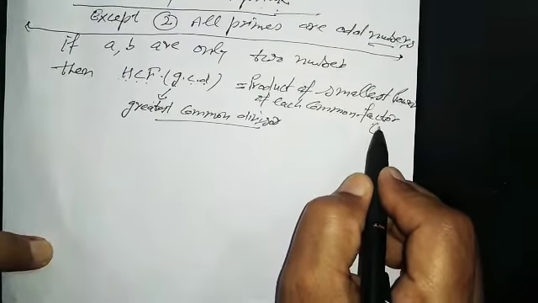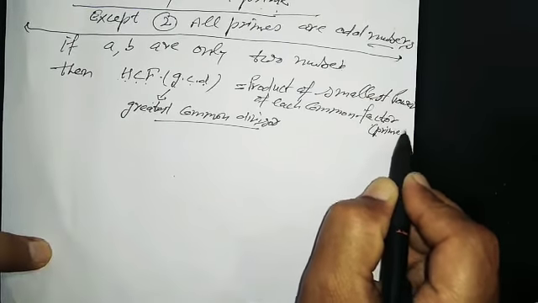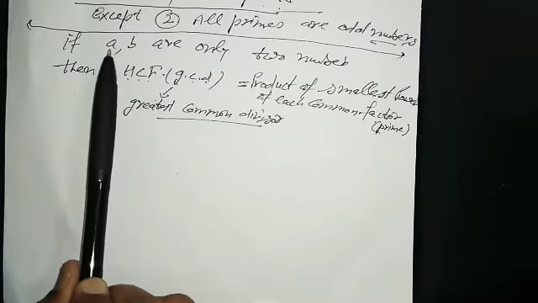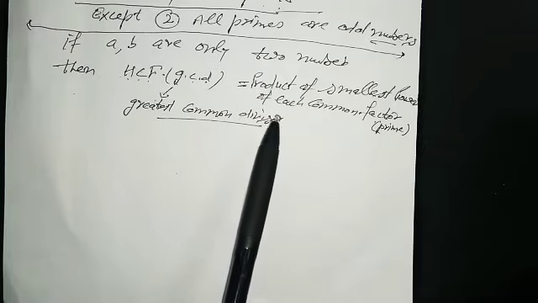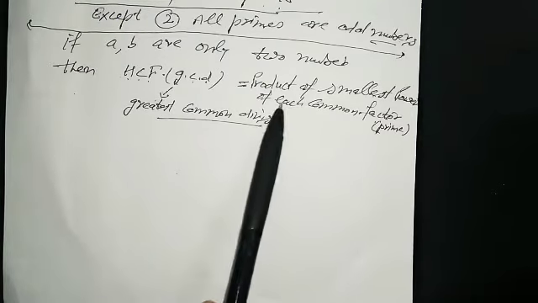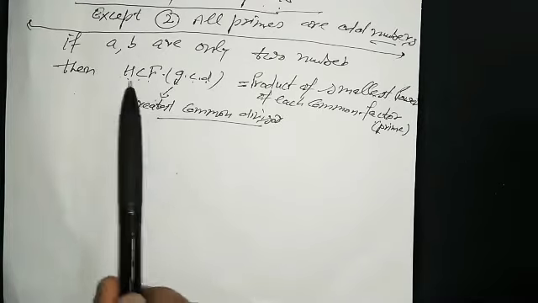I will use the word prime factor. Means we will find the prime factors of A and B and we will see what are the smallest powers of the common prime factors and multiply them, you will get the HCF.